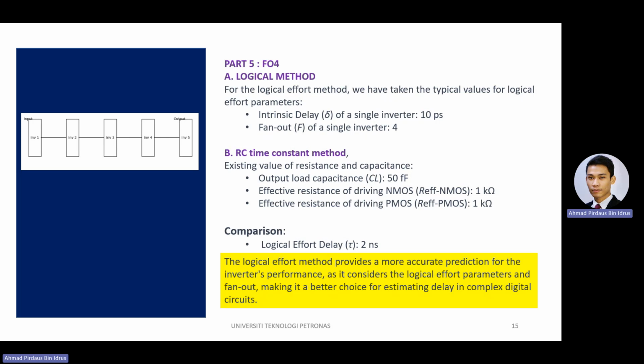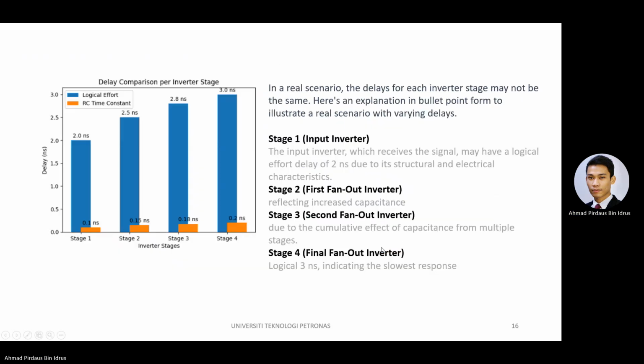On the other hand, the RC time constant method results in 0.2. But that's also the real-time scenario here. We have taken the initiative to put together a chart to compare the RC time constant method with the logical effort.